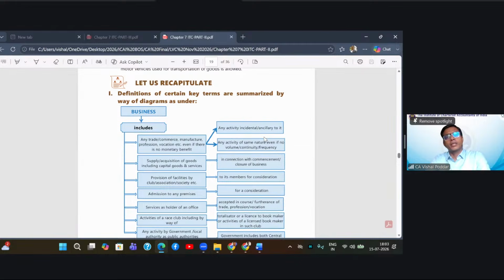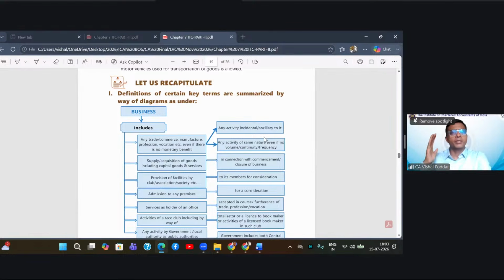Now, this input tax credit, which is the core of the GST law, requires that whenever you are purchasing or procuring something, let me call it the input side of your business, and you have paid GST on that, either the supplier has charged the GST under forward charge, or you have yourself paid it under the reverse charge.